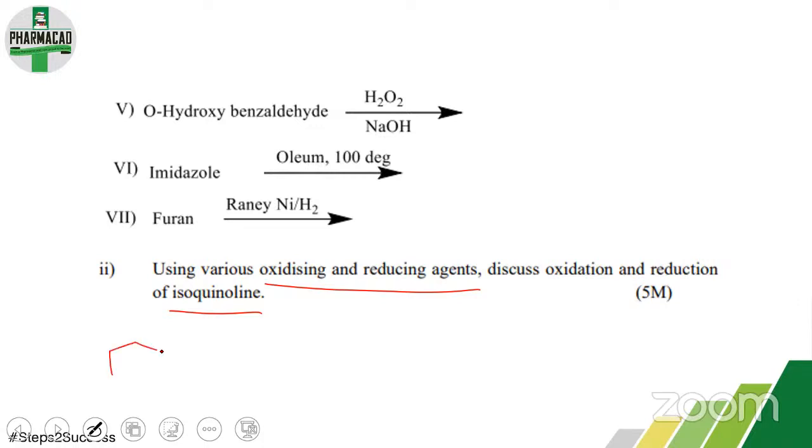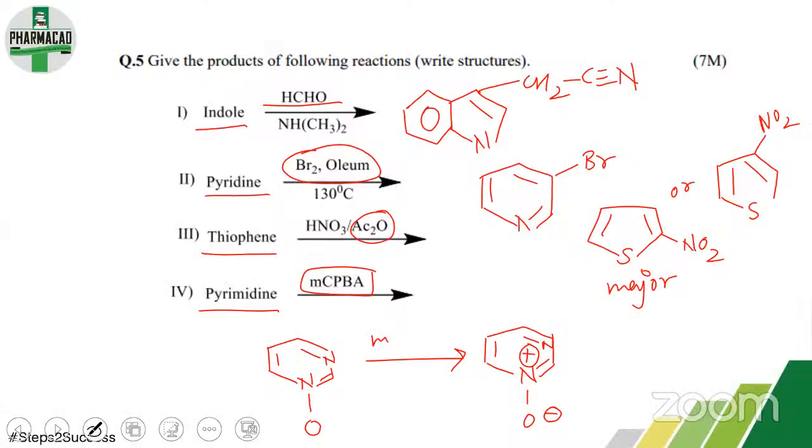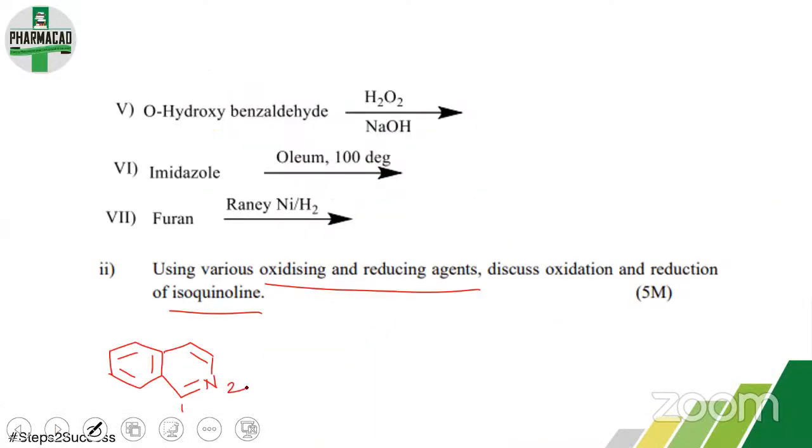Isoquinoline is benzene fused with pyridine, but that nitrogen is on second position. Iso means on second position. Okay, 1, 2, 3, 4, 5, 6, 7, and 8.